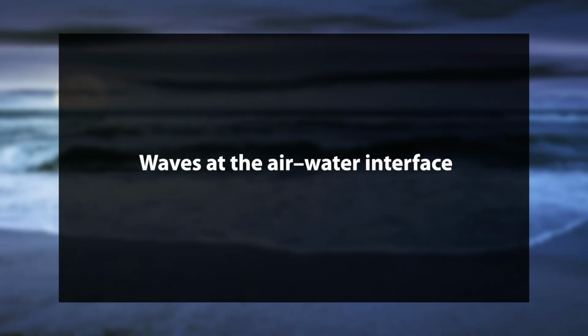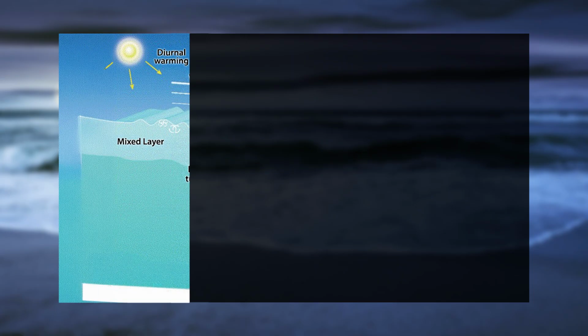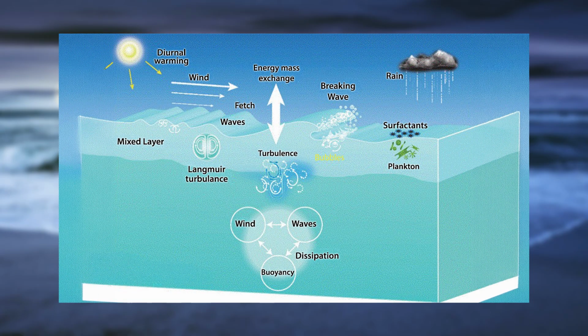First, waves at the air-water interface. Oceanic waves form where air meets the ocean surface because air and water have different densities. Wind blowing over the sea surface creates friction, which disturbs the water and generates waves.